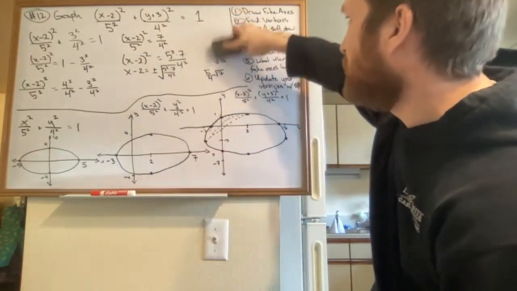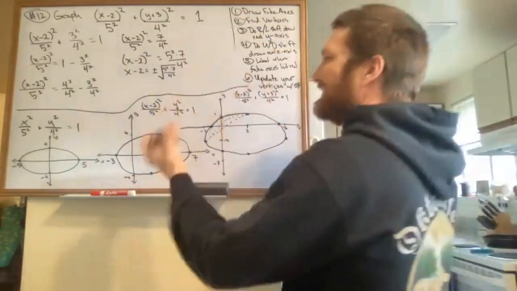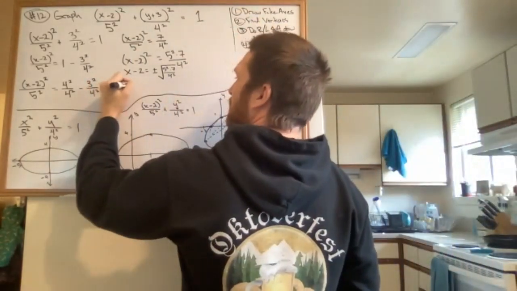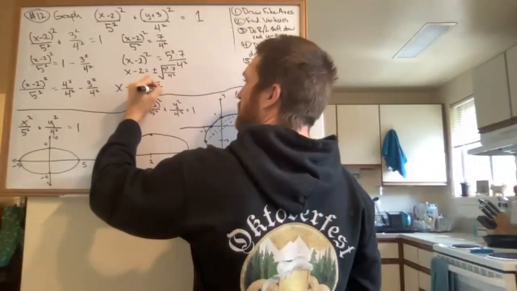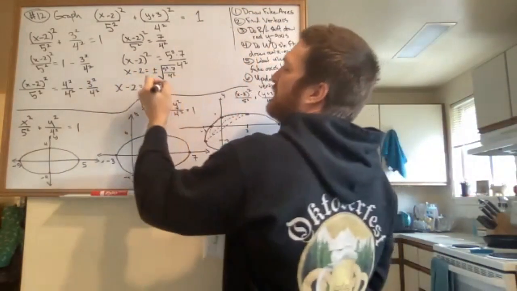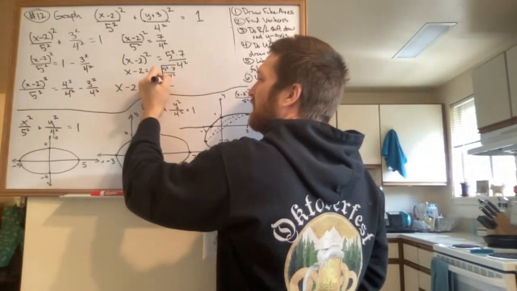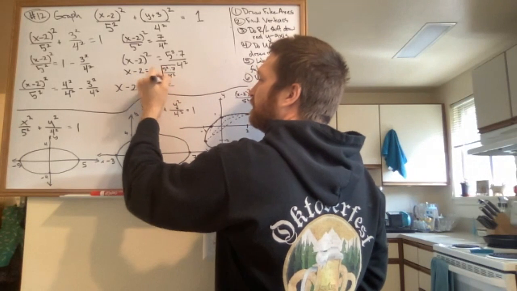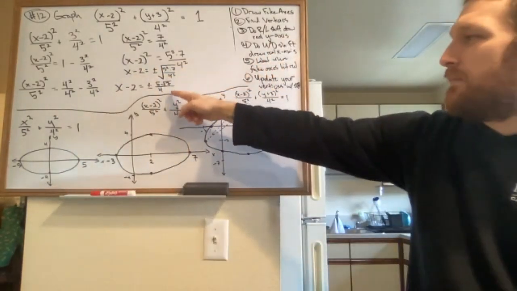I prefer to just keep it in squared terms because it's easy to see what we're doing. We get x minus 2 is equal to plus or minus 5 quarters times root 7. This used to really bother me, to write it as times root 7. It might look nicer if you do it like this, but you can see that's the same thing as that.